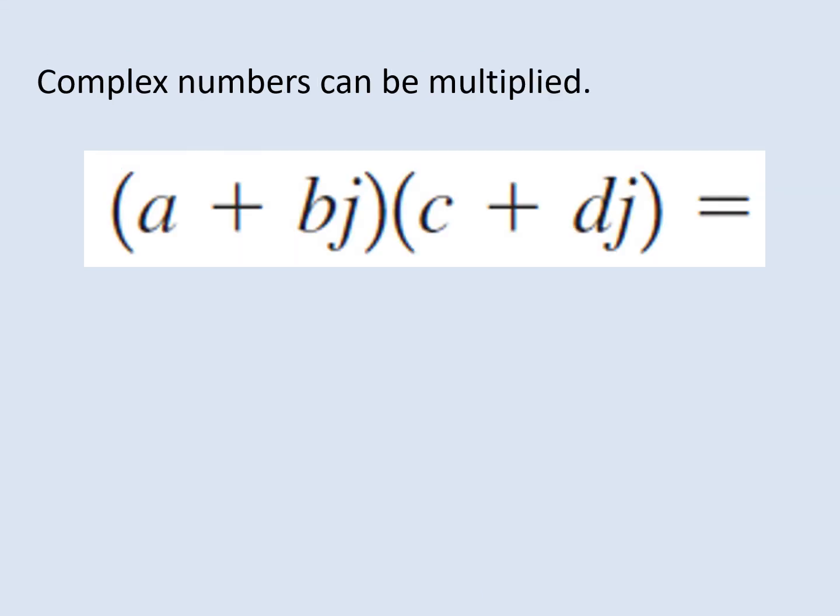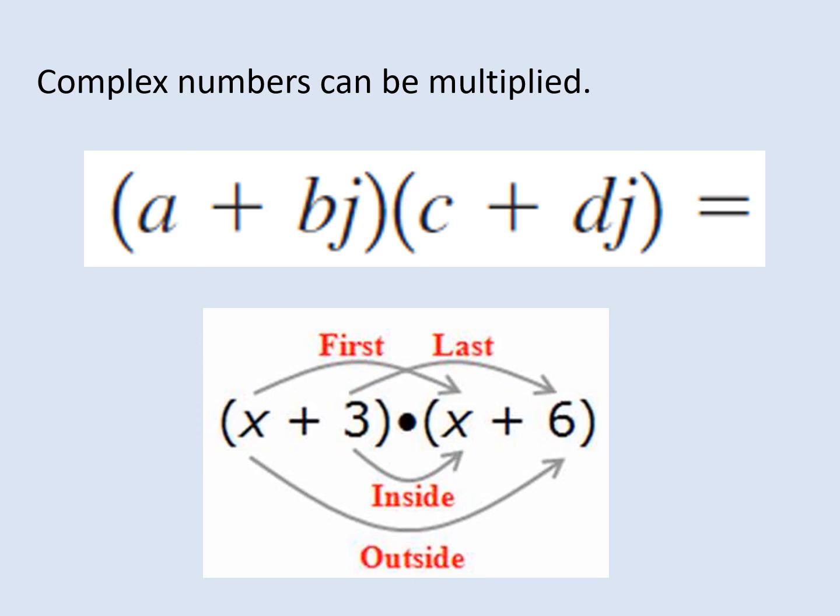I'm not going to go through this specific term because it doesn't give me real numbers, but it would be just like FOIL: you do the first, the outside, then the inside, and then the last, which looks like that.